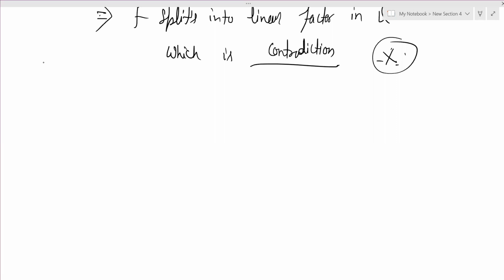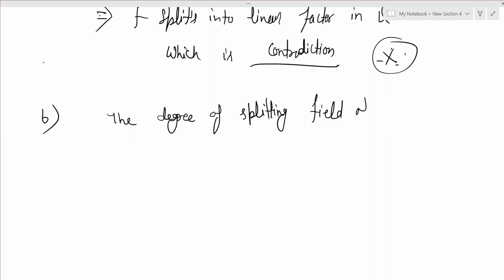So here is part B. The degree of the splitting field of x to the power 8 minus 1 over Q is 4.